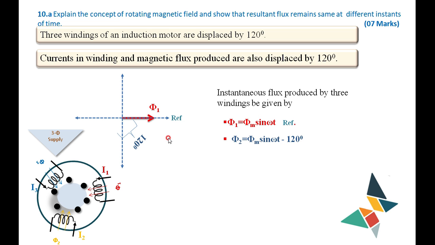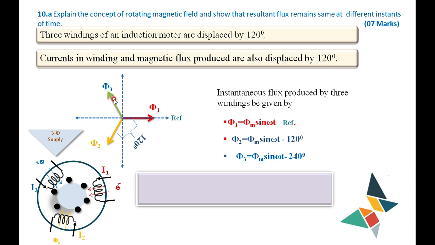You have to draw 120 degrees here. Similarly, you can draw phi3, which lags phi1 by 240 degrees. Therefore, phi3 is produced here.